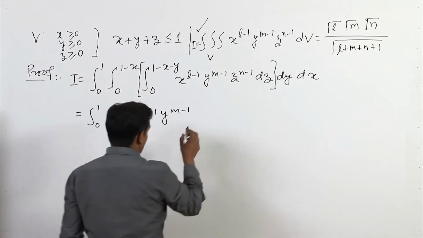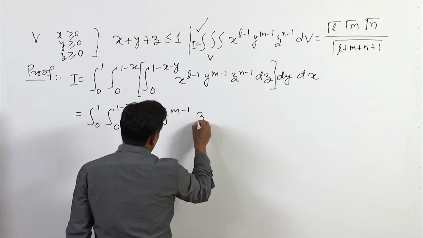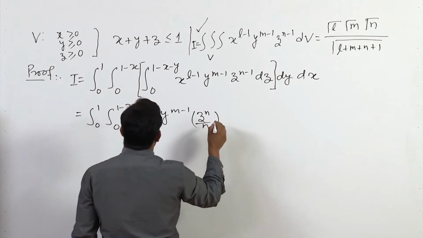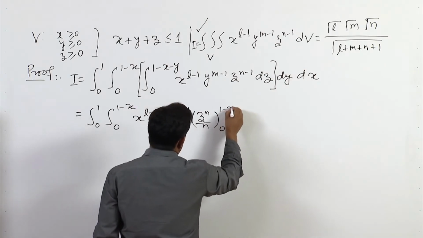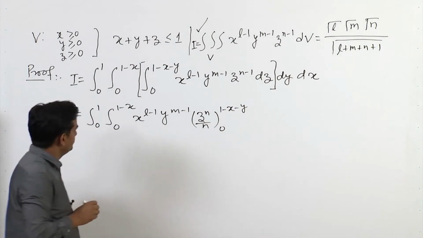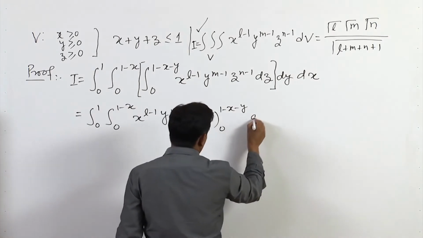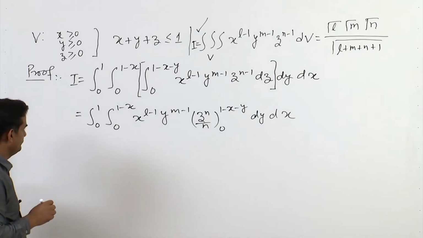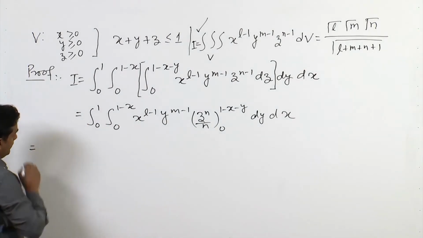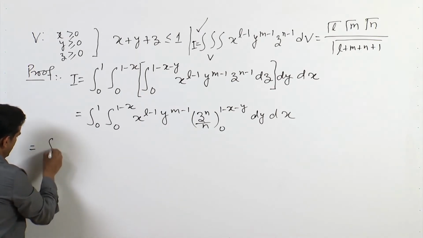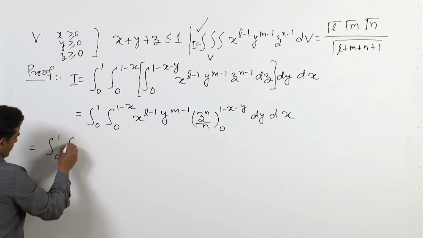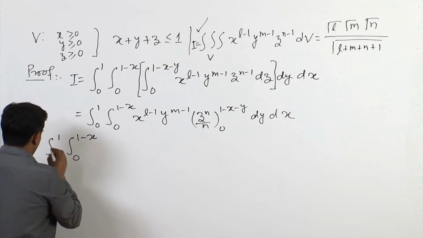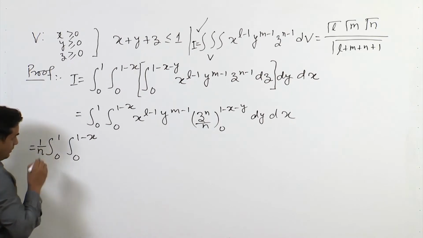So I can write z^n upon n with limits 0 to 1 minus x minus y, and then dy dx. This equals the integral from 0 to 1, 0 to 1 minus x, and I will take 1 by n out.